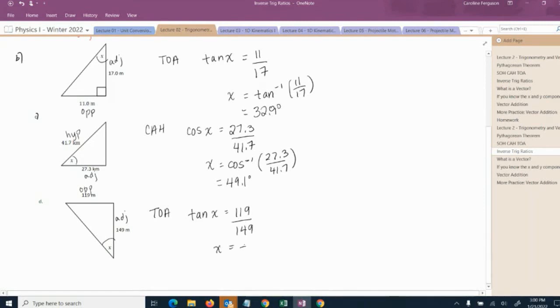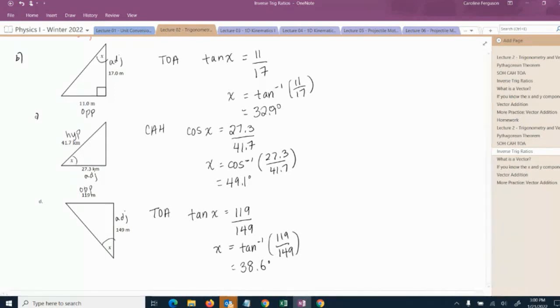We'll bring the tan to the other side. And we get 38.6. Yes, good. Degrees. Perfect.